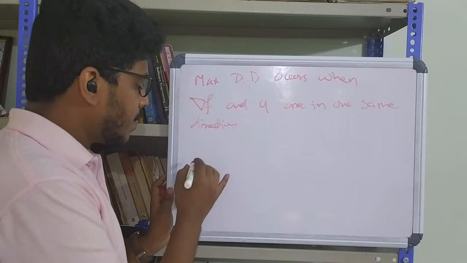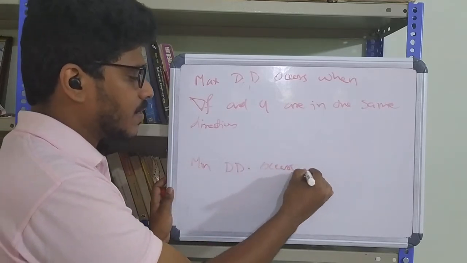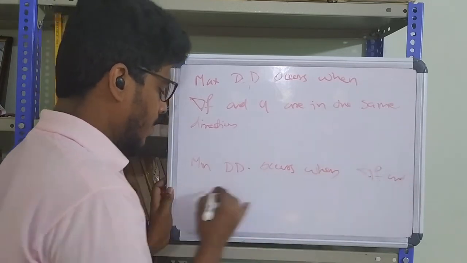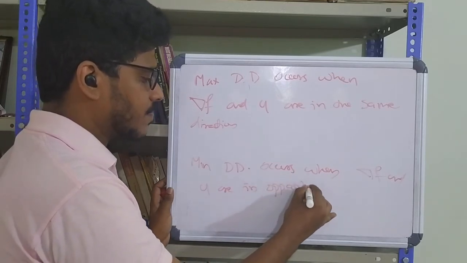And the minimum value of the directional derivative occurs when grad f and u are in opposite directions.